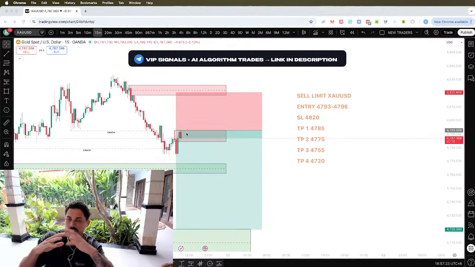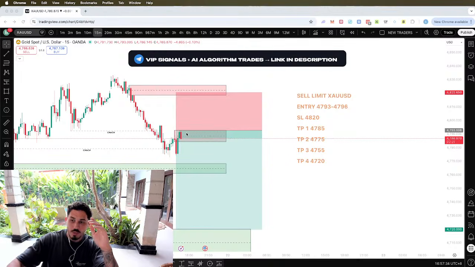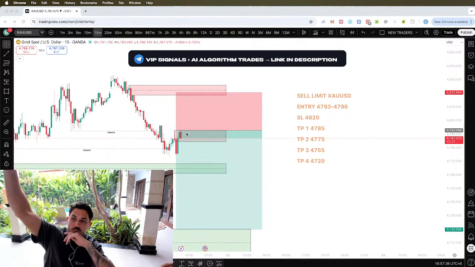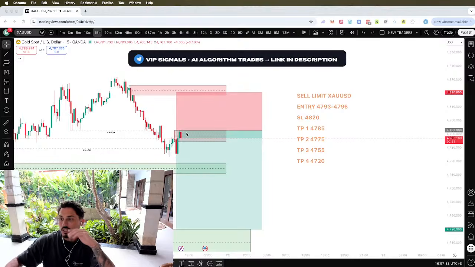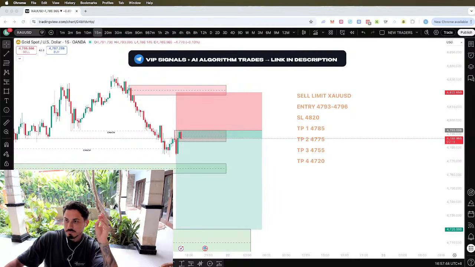Let's say we took a sell here and price immediately dropped. It's advisable that you move stop loss to break even, or start to trail your stop loss, because that could just be a steep bottom wick driving back up. So why risk your profits? If we start to see a very big drop, run the momentum down. Don't shoot yourself in the foot. That's how I see it. Secure your profit, secure the bag.